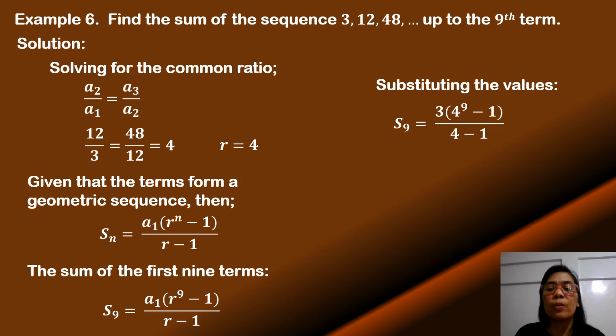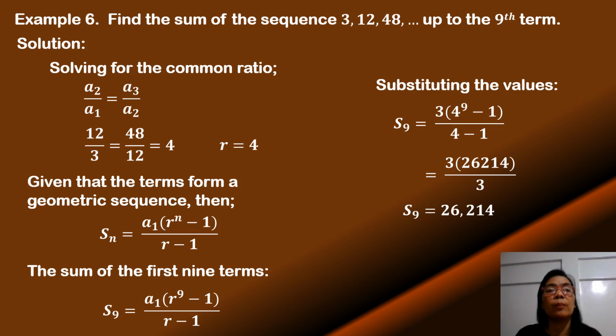Substituting the values, s sub 9 is equal to a sub 1 is 3, r is 4 raised to 9 minus 1 all over 4 minus 1. Using your calculator, the sum of the first 9 terms in the geometric sequence is equal to 262,143. I'll end my discussion in here.